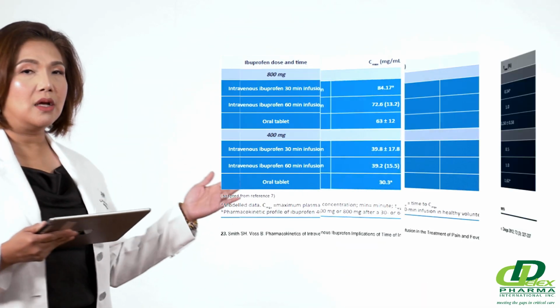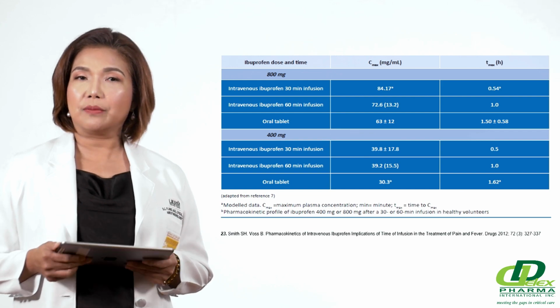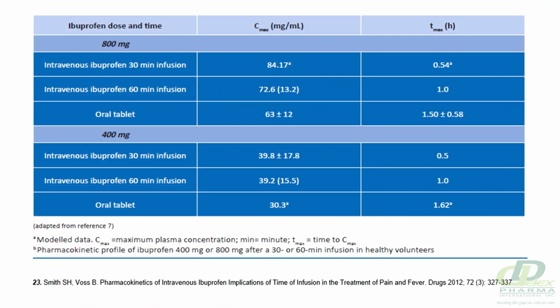This slide shows the pharmacokinetic values for a single dose of 800 milligrams or 400 milligrams IV ibuprofen infused over 30 or 60 minutes compared with a single oral dose. Data are presented as mean, SD, or mean, and were compiled from several different studies for comparison.